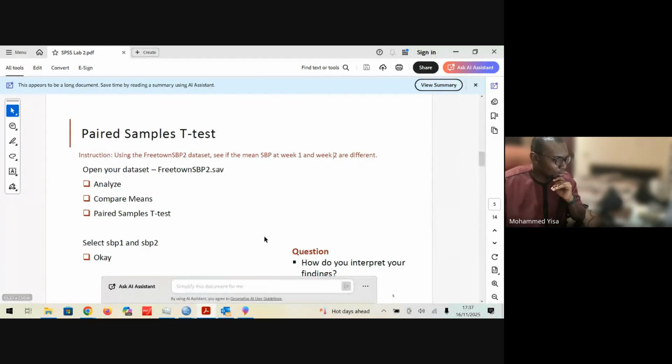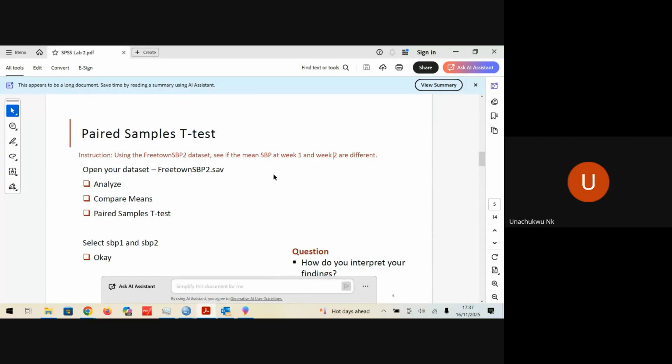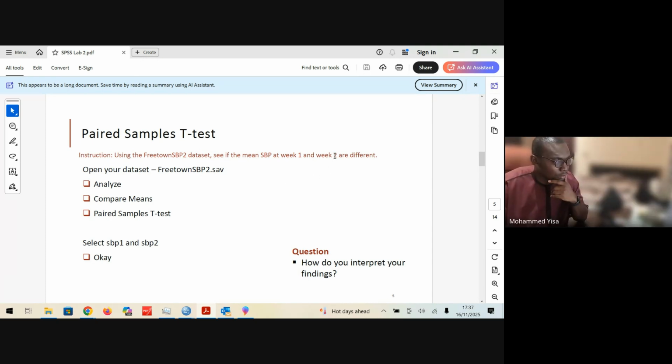Whose mic is unmuted? Yeah, I have a question. I don't know if you can walk me through. I opened the SPSS app. I'm trying to import the file, but the file was in PDF. Are you saying you are unable to import the data set?